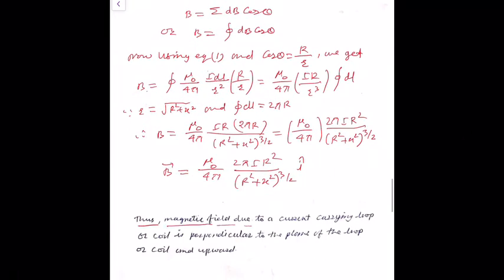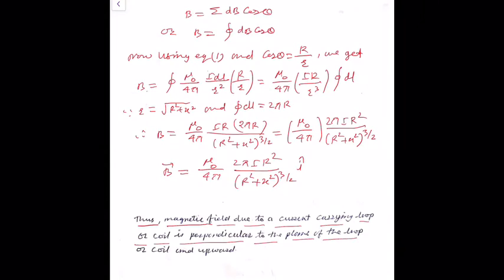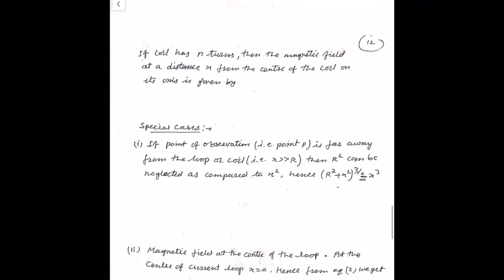Thus the magnetic field due to a current carrying loop or coil is perpendicular to the plane of the loop or coil and upward. Clear?